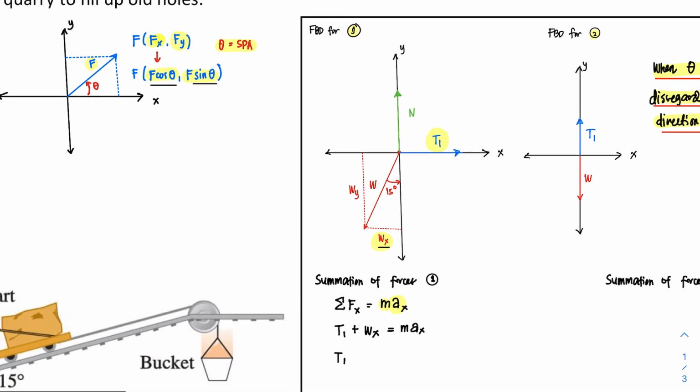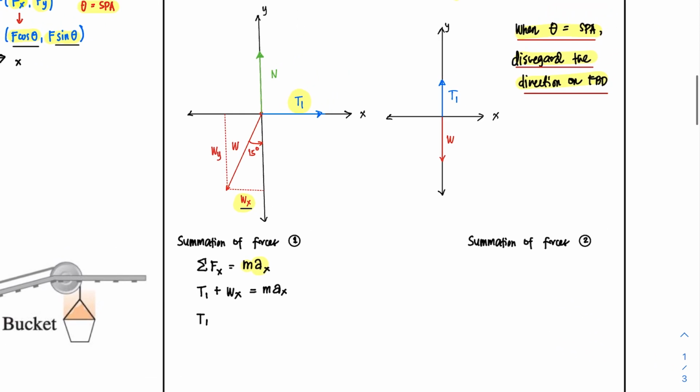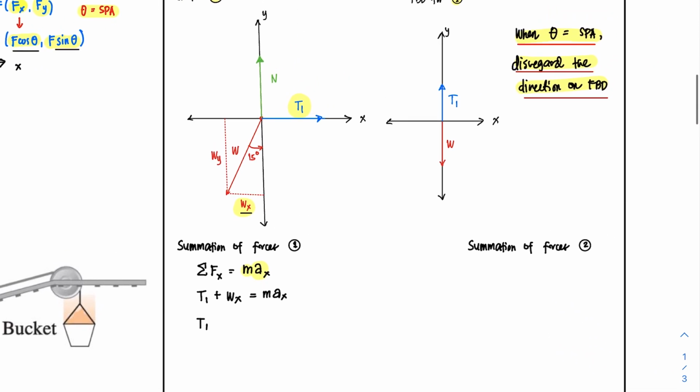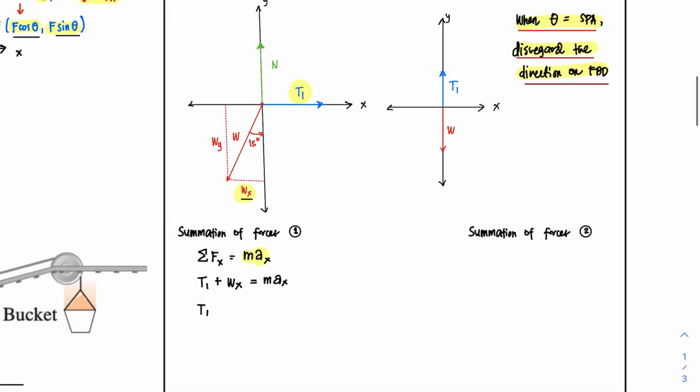If you try to take the component, that is just cosine for x, sine for y, assuming that your theta is in SPA. Now, if I take that, I will write plus W, and since this is the x component, cosine of the angle theta, and you have to take note that it should be in SPA, is equal to m.